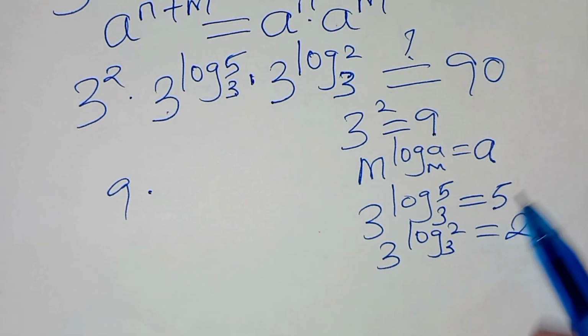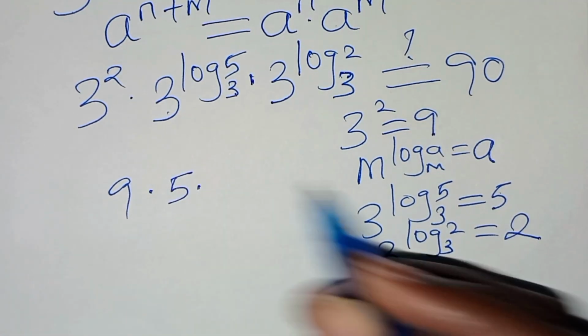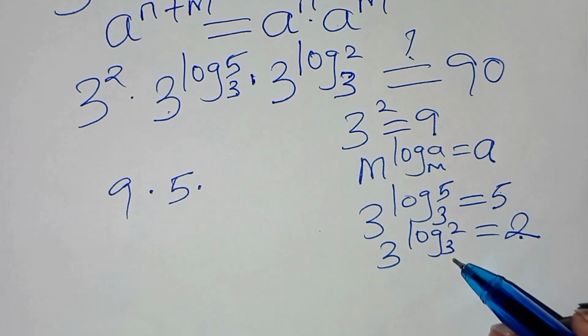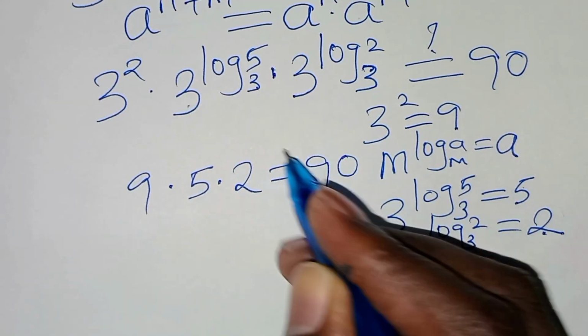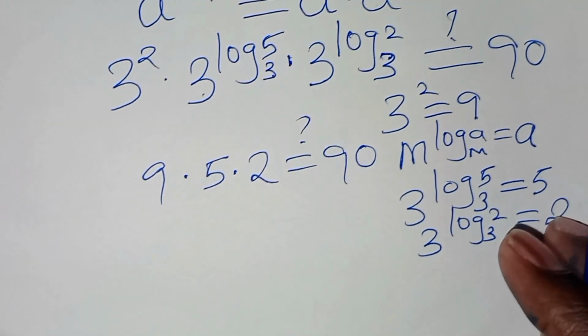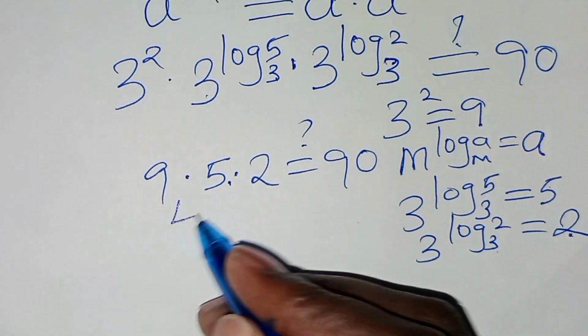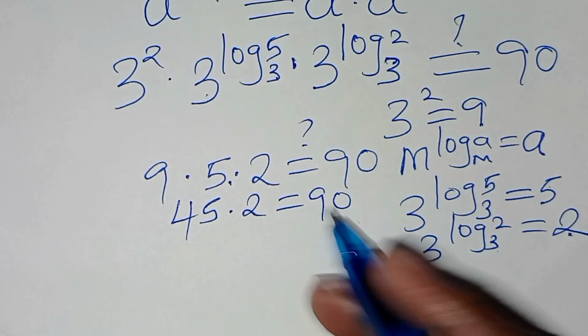So substituting this, we'll have 9 times 5 times 2. This is supposed to give us a value of 90. So here you have 9 times 5, which is 45. And 45 times 2 is actually equal to 90.